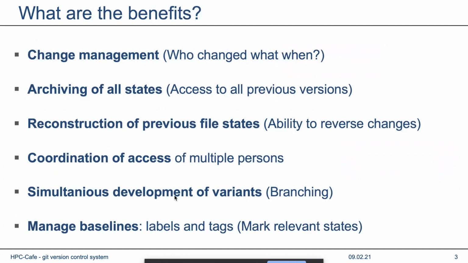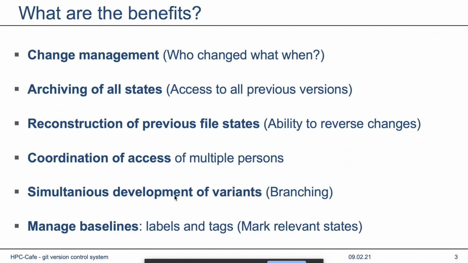So first is change management. You want to know who changed what when. This is especially important if several people collaborate or develop together on a single software project, or when the development team is spread out, not at a single place. Then you want to archive old states.